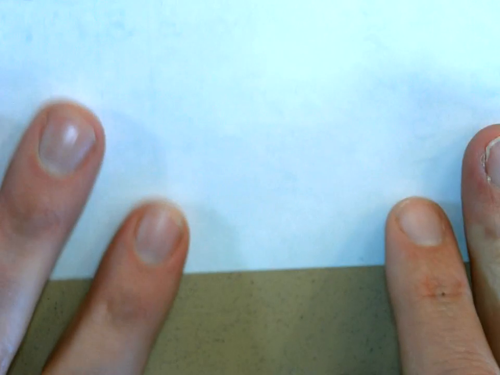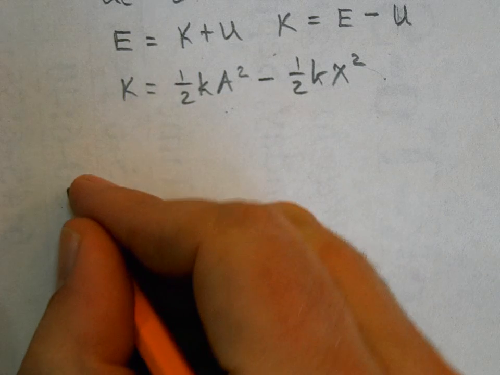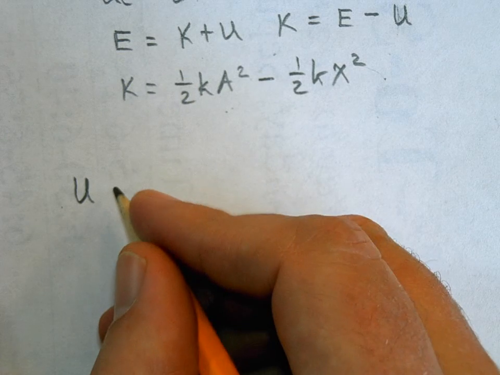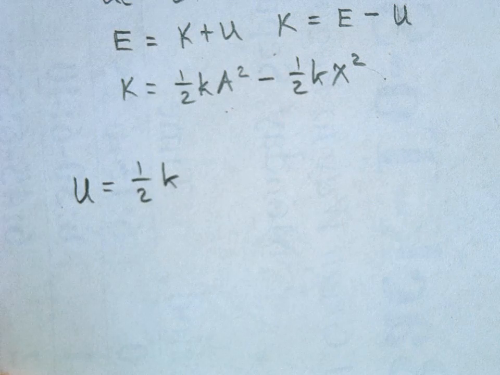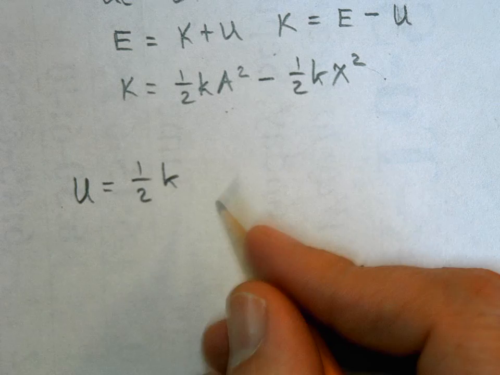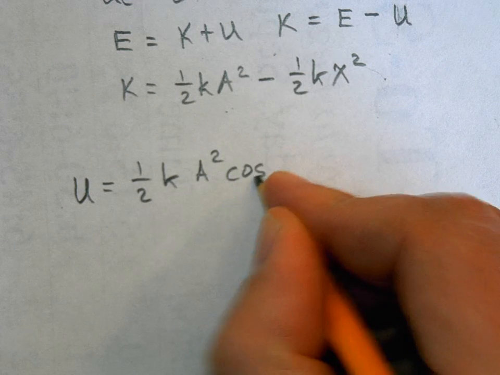Well, let me actually go back to this. Oh, that's right, because I moved the camera. U as a function of time now is equal to 1/2 kx squared, but x squared is a squared cosine squared omega t.